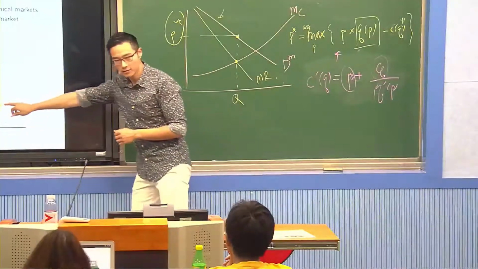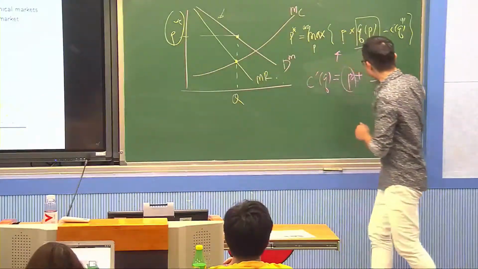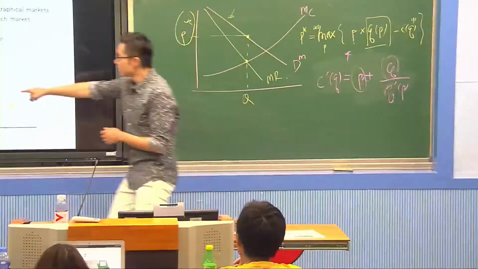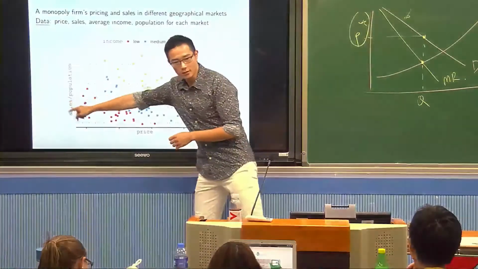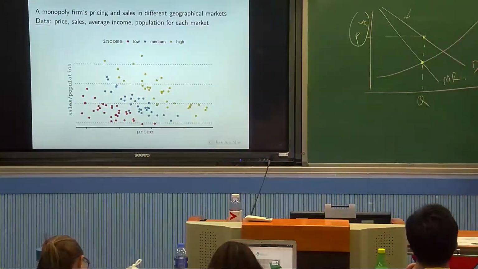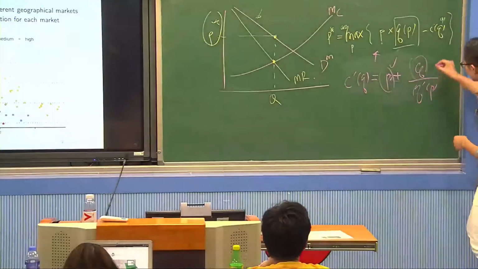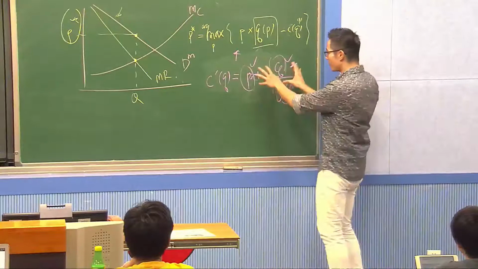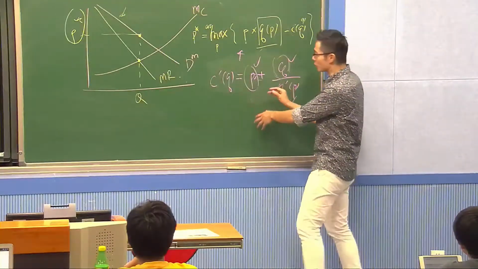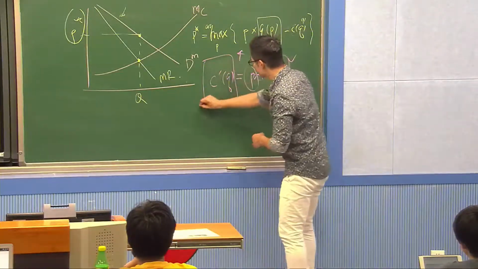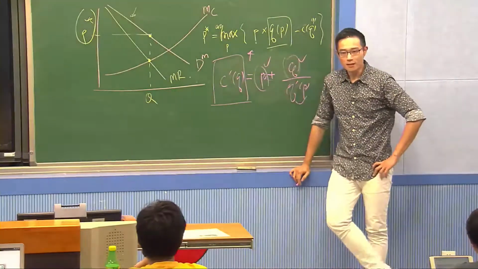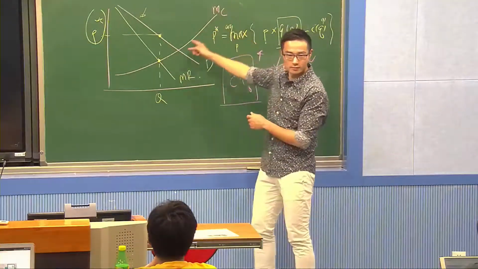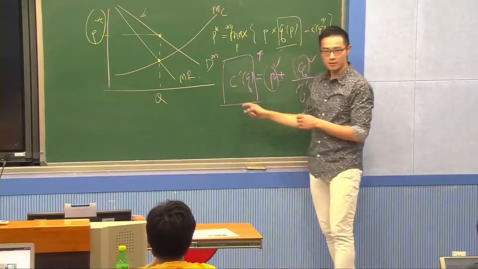It's in our data. I'm also going to say, okay, this Q is the sales at the optimal price, which will be something like this, right? In other words, this is observed, this is observed, this is observed. So everything here is observed, which means I can get C prime Q. Right? And C prime Q is what? It is the marginal cost curve, correct? This is the marginal cost.